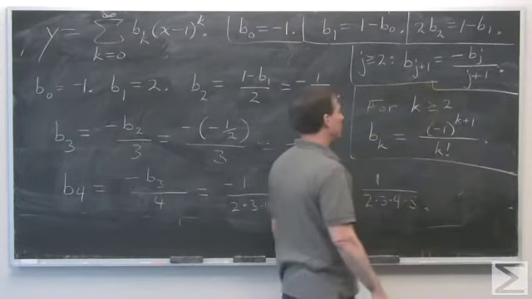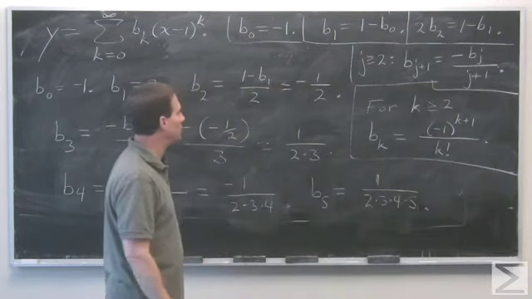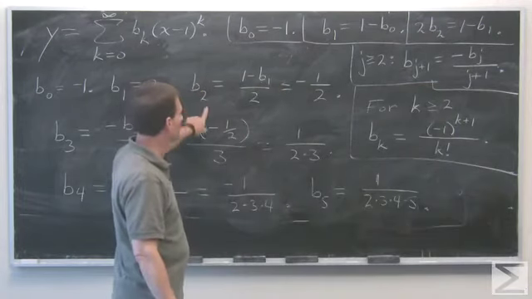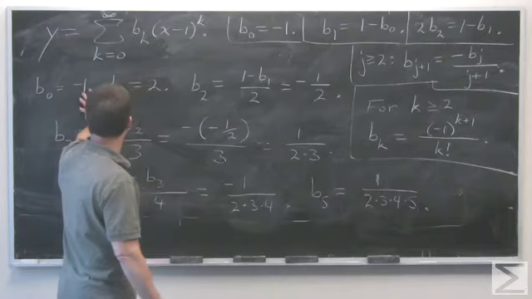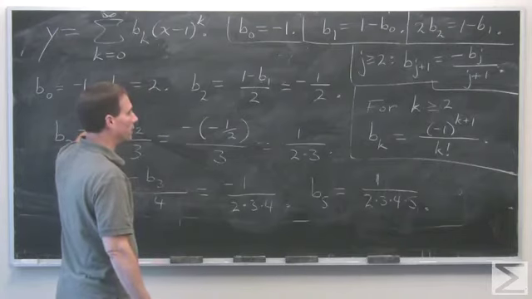So this is what we're getting for k greater than or equal to 2, which actually does work when k is 2. And then B0 and B1 are different.